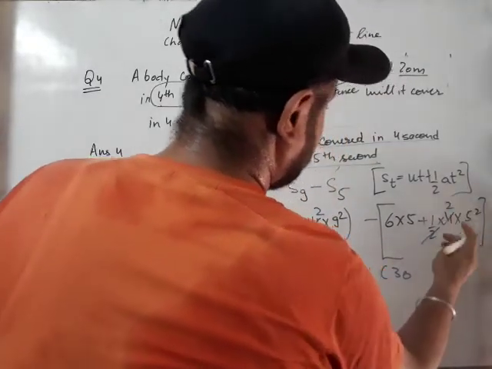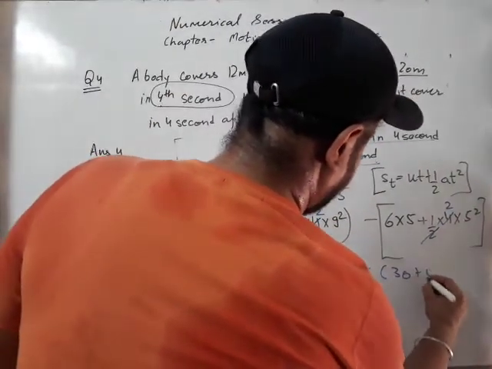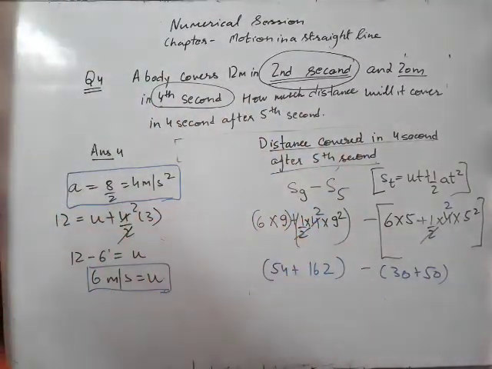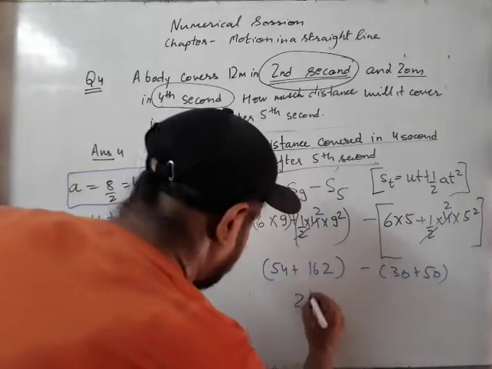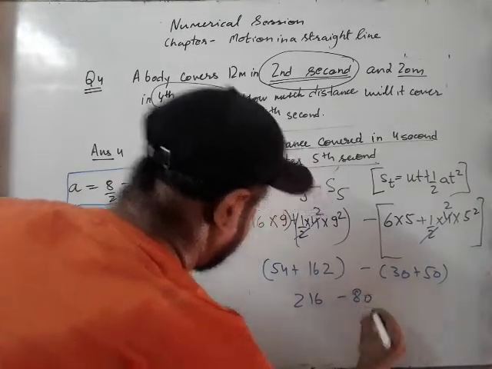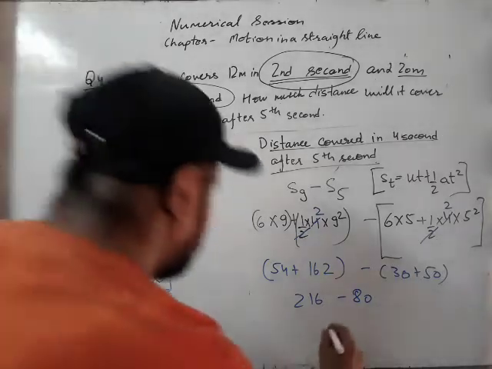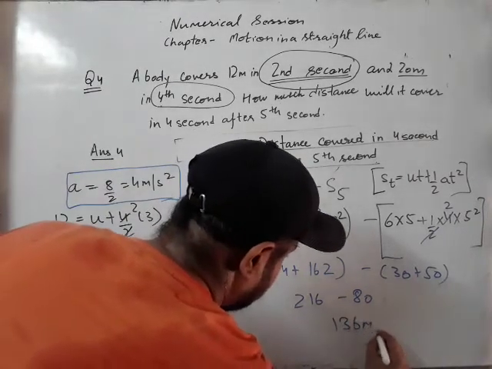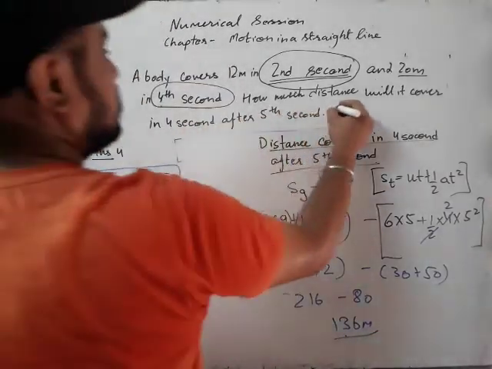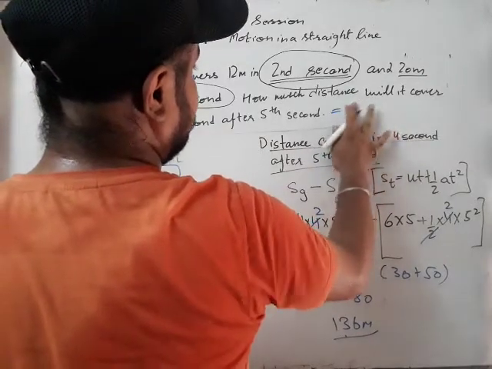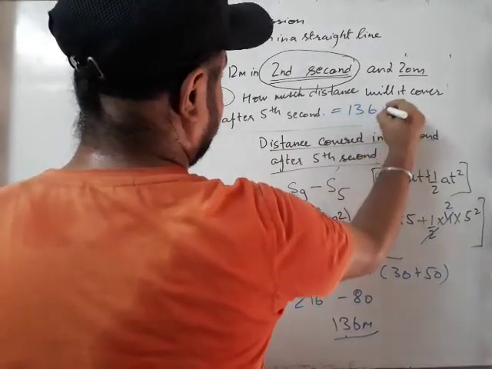Here also 2 cancels. 2 into 25 will be 50. It will be 80. Here it will be 216 minus 80. So when we subtract 80 from 216, it comes out to be 136 meter. So this is the distance which the body will travel 4 seconds after the 5th second.